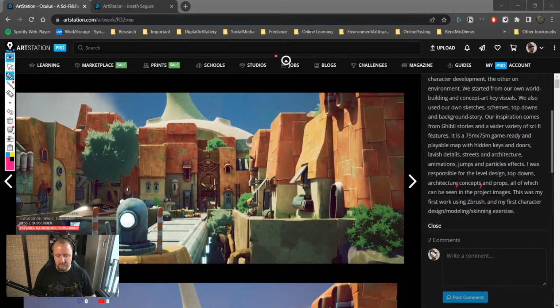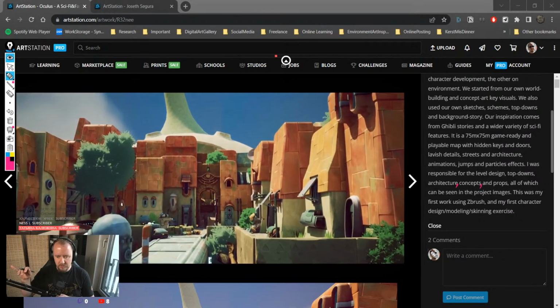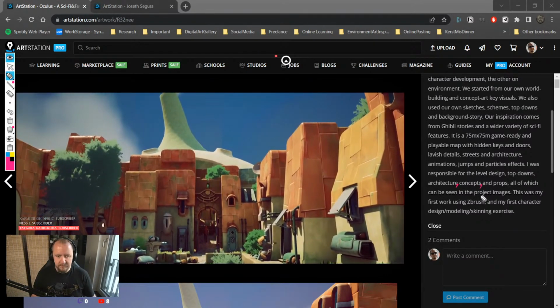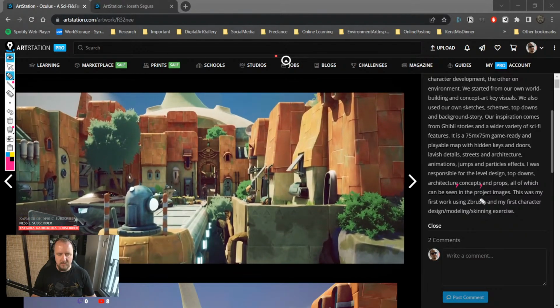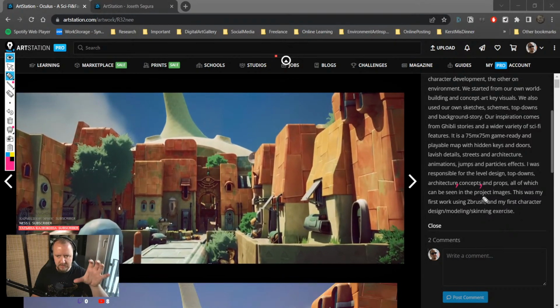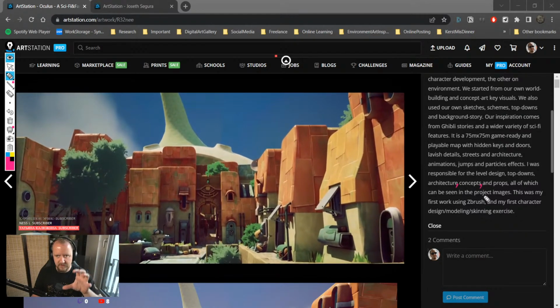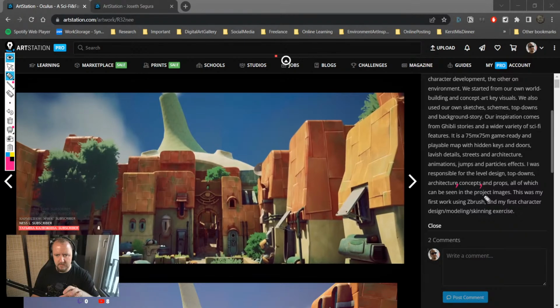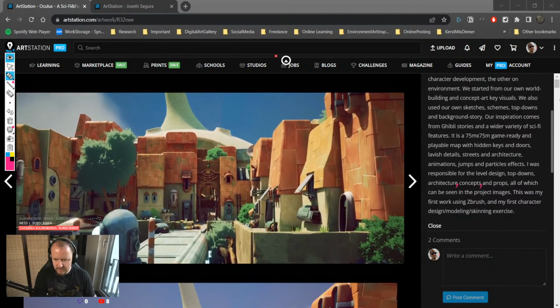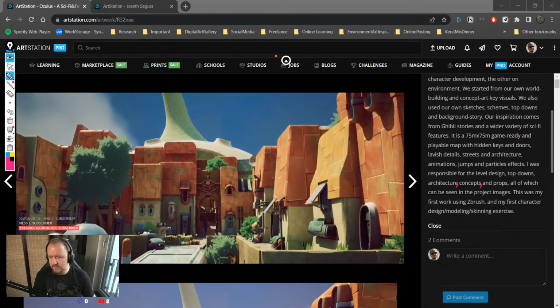You have to really point out what you worked on, because from this, architecture, concept, and props, it's like, okay, so you did architecture, concept, and props, but you didn't do the architecture yourself then. Right? So it's getting confusing already. Which isn't a good sign.